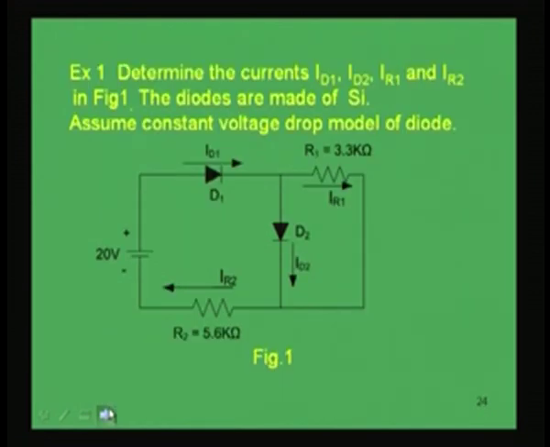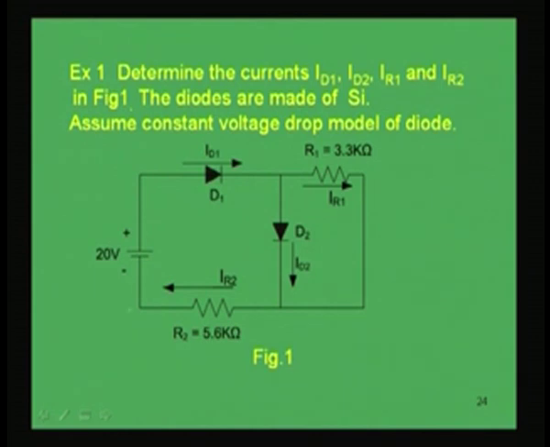So, now let us do an example. You have a circuit given by this, there are two resistances, two diodes. You have to find the current flowing through diode D1, the current flowing through diode D2, as well as the current flowing through resistance R1 and resistance R2.